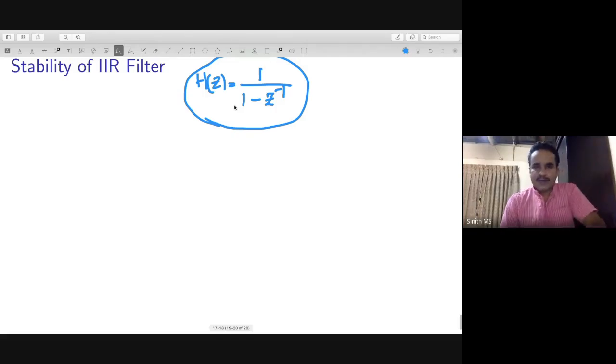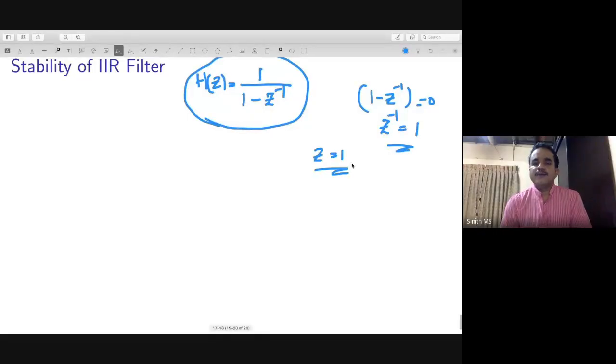So what are the poles here? Equate the denominator to 0. So 1 minus z inverse equal to 0. Then you get that z inverse equal to 1, or z equal to 1 is a pole.